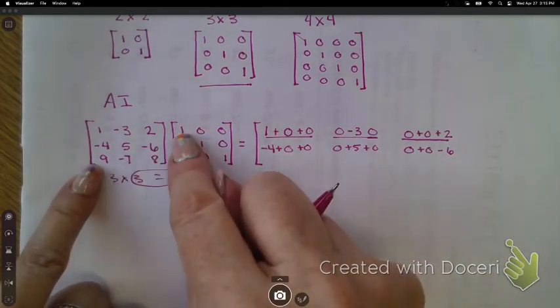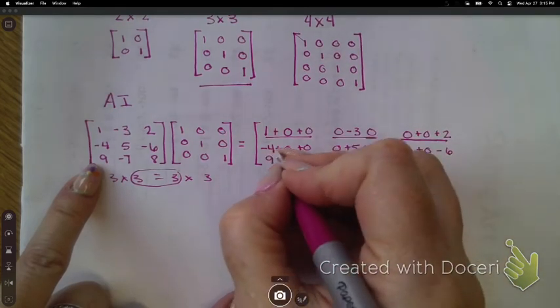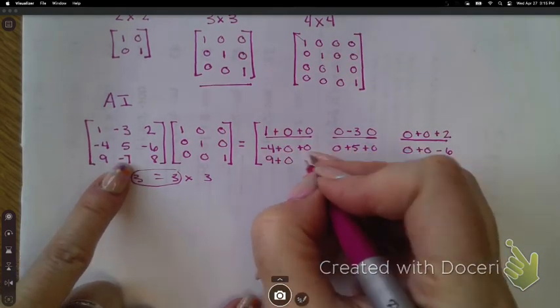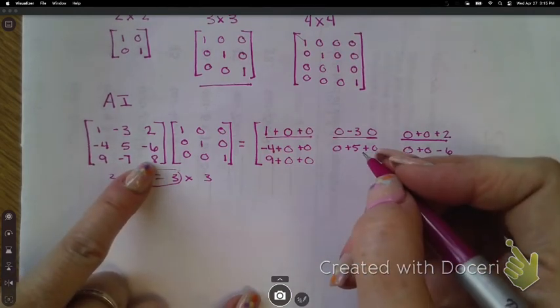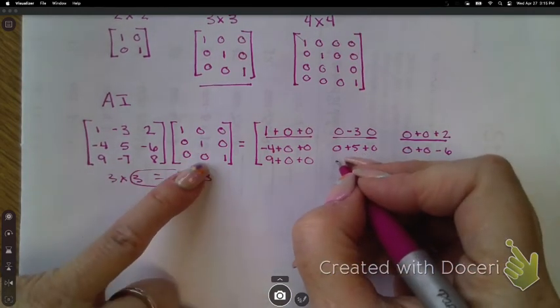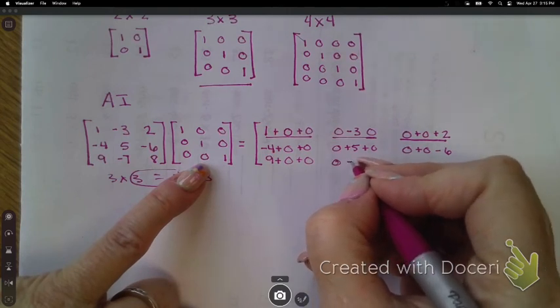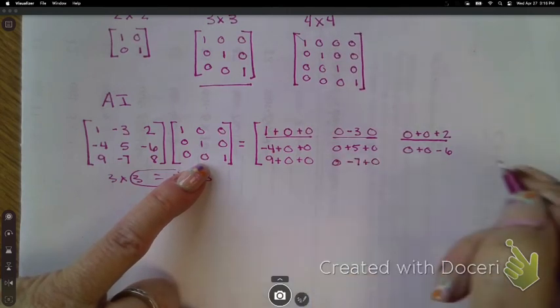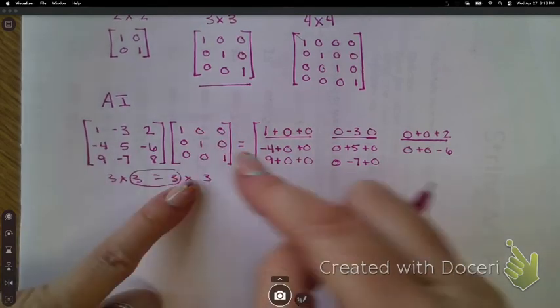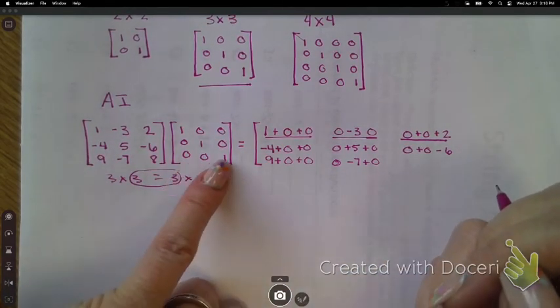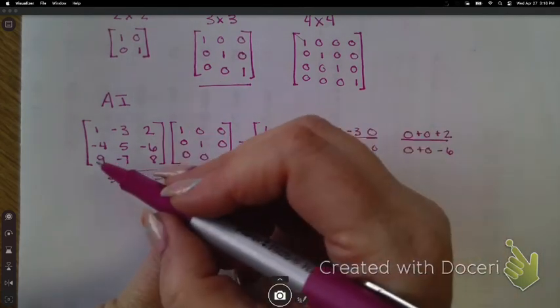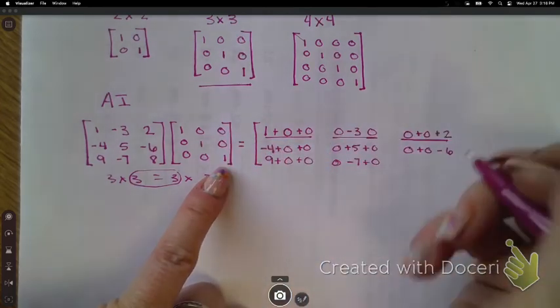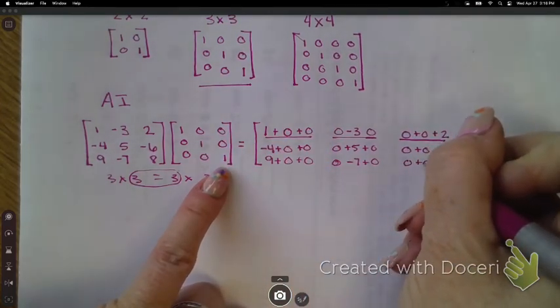So 9 and 1, 9, plus 0, plus 0. Third row, second column. 0, 0, -7, 0. Now I want to tell you guys, I don't usually go like this with both. I usually keep my finger on my column. I can keep my row for some reason, my column I lose. That's just me. Okay, so third row, third column. 0, 0, 0, 8.